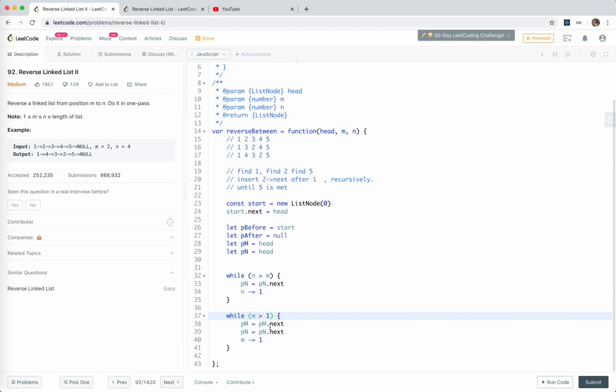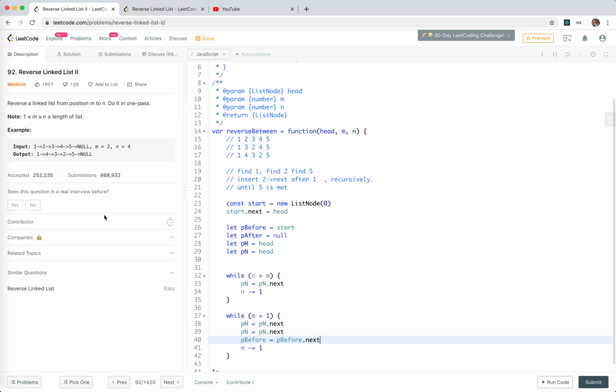While m is bigger than 1, we move, and P before equals P before next. We all move 1.